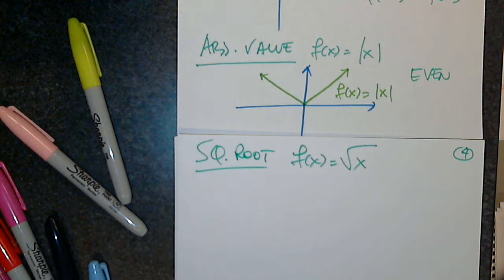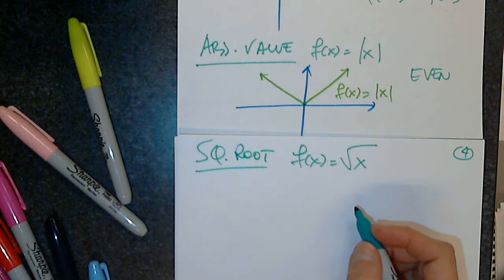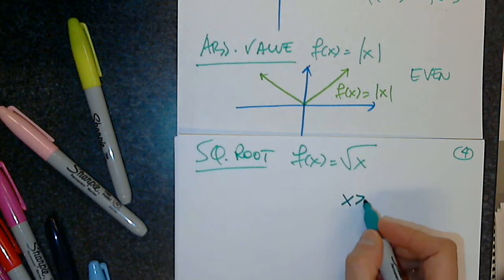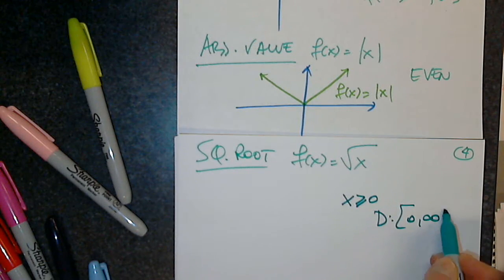How do I find the domain of a square root? What do I have to write? That the quantity under the square root is greater than or equal to 0. So the domain of this function is 0 to infinity.